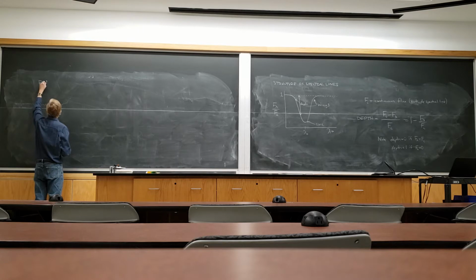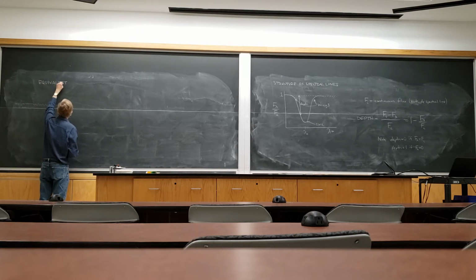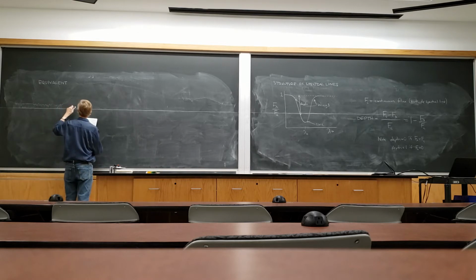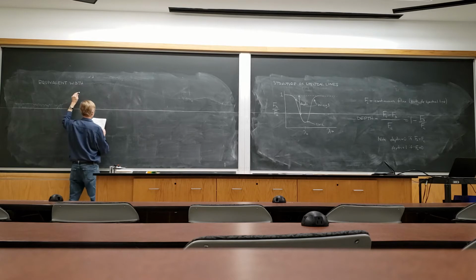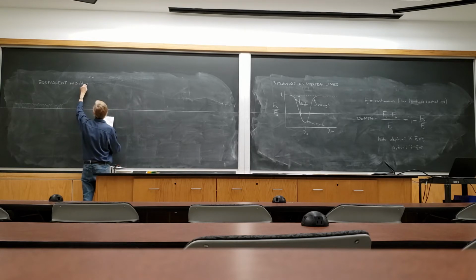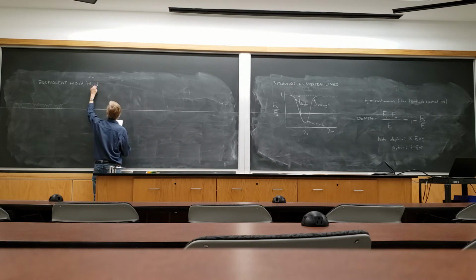And then we can characterize the strength of a spectral line by what's called the equivalent width, W, of a line.